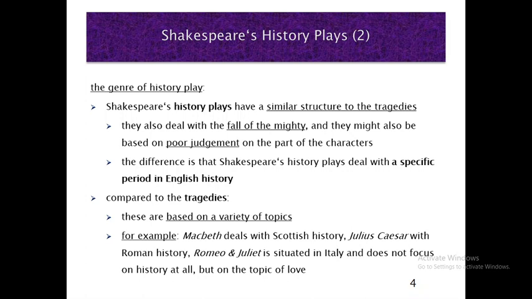So again, the history plays might have a similar structure to the tragedies, fall of the mighty or poor judgment, but the important thing is that they discuss a specific period in English history, as I said, the 100 Years' War and the Wars of the Roses, whereas the tragedies are based on a variety of topics.